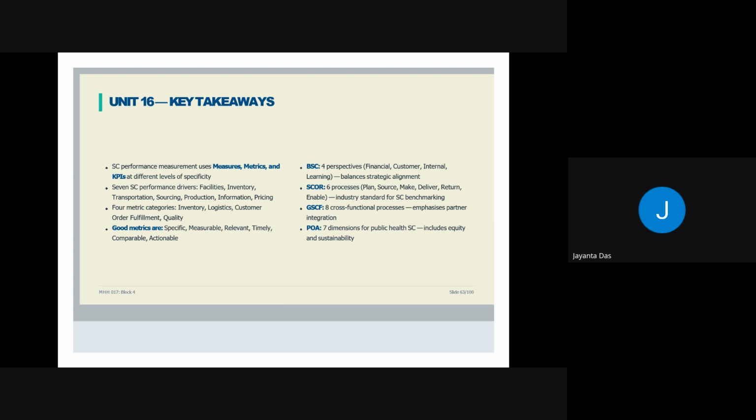Good metrics are specific, measurable, relevant, timely, comparable, and actionable. And these are the 4 frameworks: BSC, SCOR, GSCF, and POA.